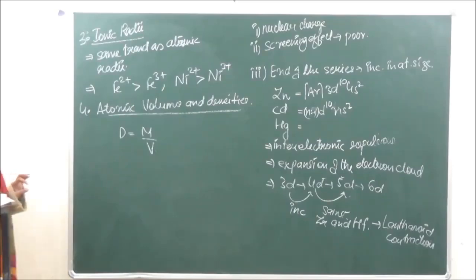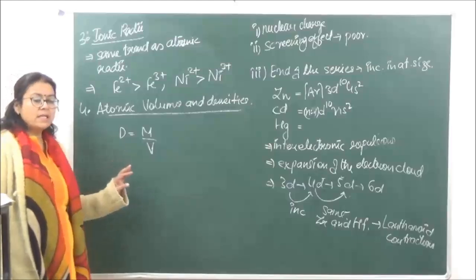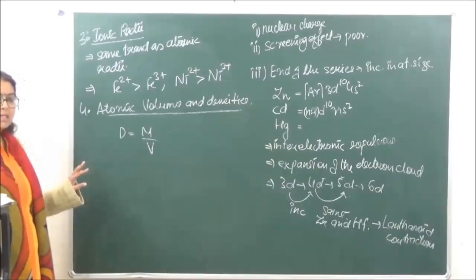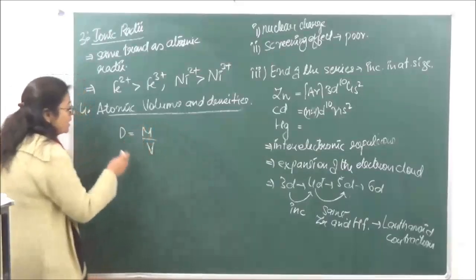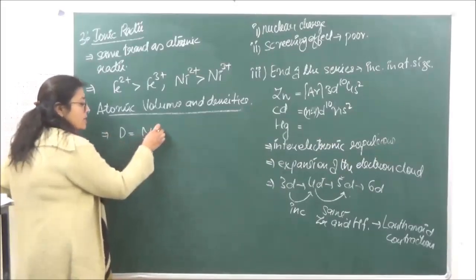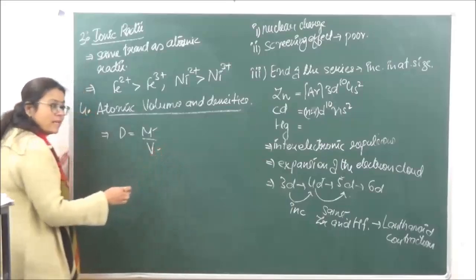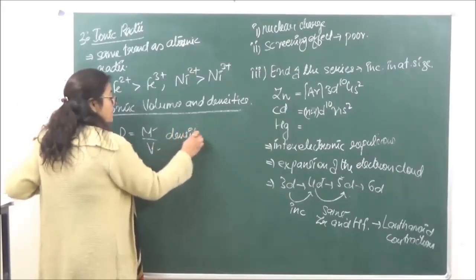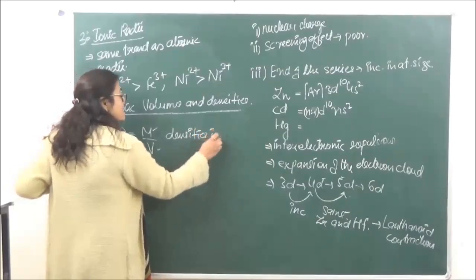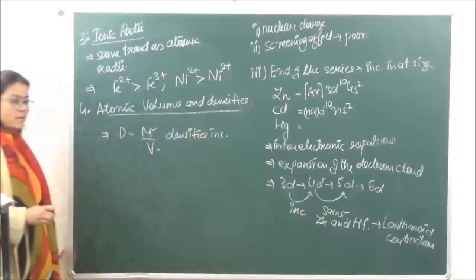Okay, so as we are going along a period or along a series, the mass will increase, the volumes are decreasing. So along a series, because mass is increasing and the volume is decreasing, the densities increase.